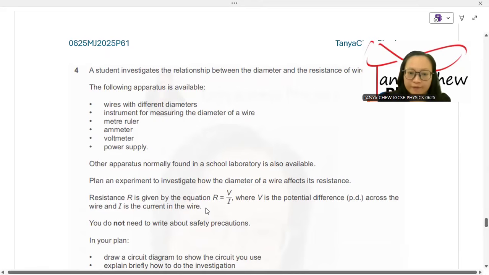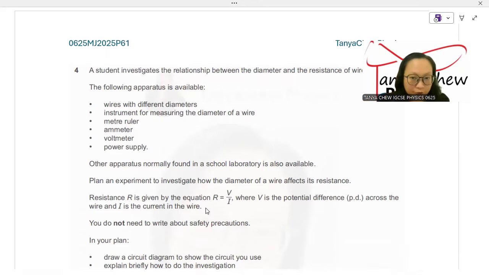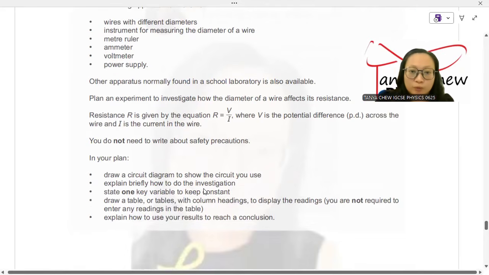Plan an experiment to investigate how the diameter of a wire affects its resistance. Resistance R is given by the equation R equals V over I, therefore you cannot use an ohmmeter to measure the resistance of the wire, where V is the potential difference, PD, across the wire and I is the current in the wire. You do not need to write about the safety precaution.